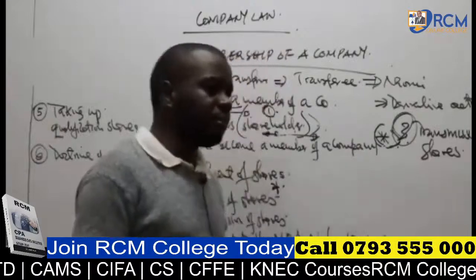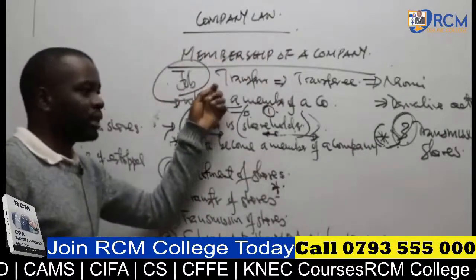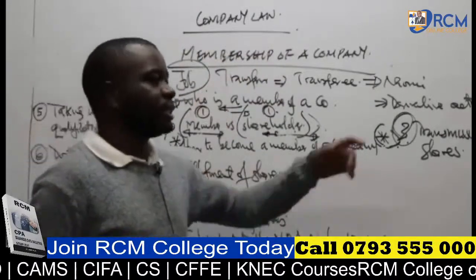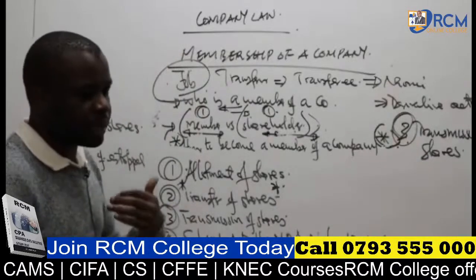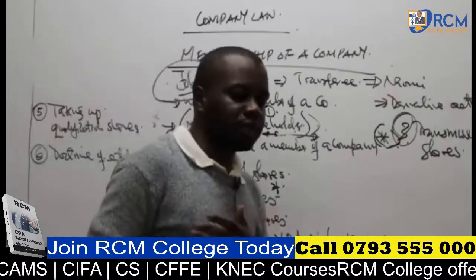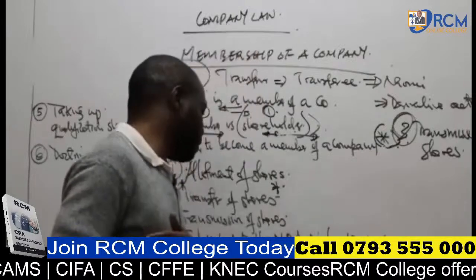Who is ceasing the membership? It is Job. Who is becoming a member? It is Naomi. So transfer of shares is one of the ways under which you can become a shareholder and, quite obviously, a member of the company.